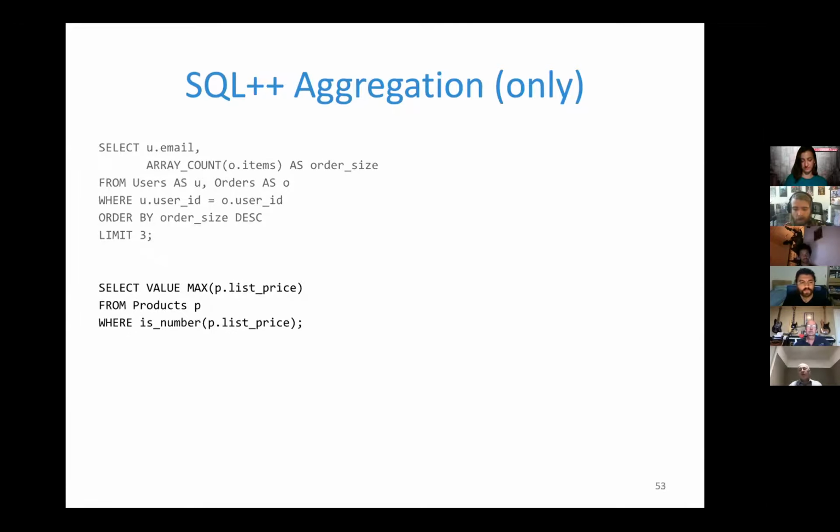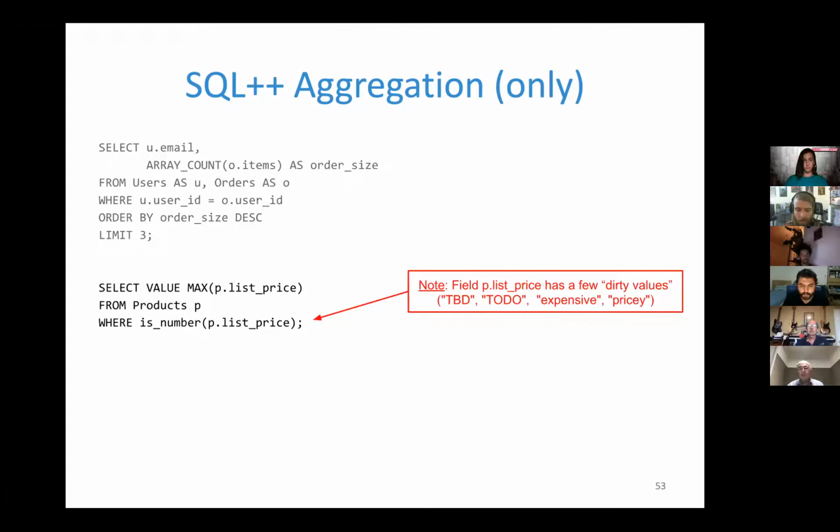Now, if you look at how you would express that in SQL, it looks quite different. If in SQL you wanted to get the max of a list, like in this example, you would select the value max of the list price from the products. You would have some where clause there to make sure that you only get numeric values, because you might have dirty values in there.